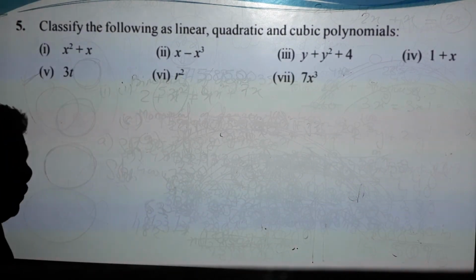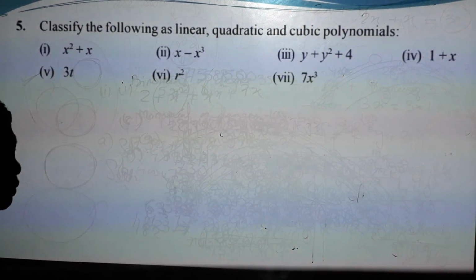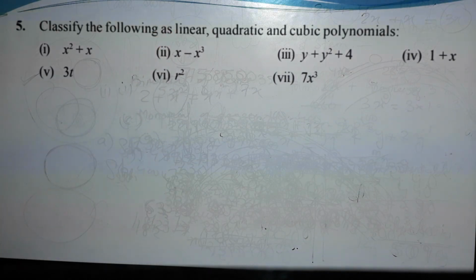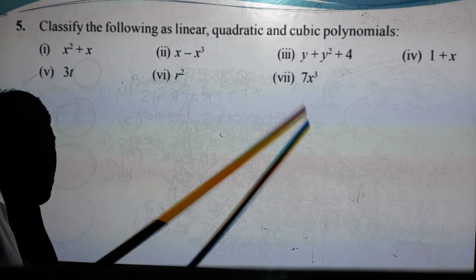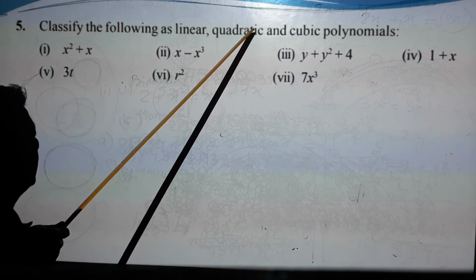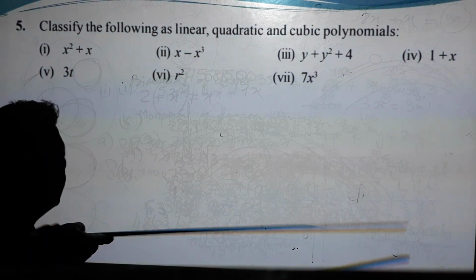Now here, classify the following as linear, quadratic, and cubic. Let's recall what is linear. Linear is a polynomial having degree 1. Quadratic is a polynomial having degree 2.